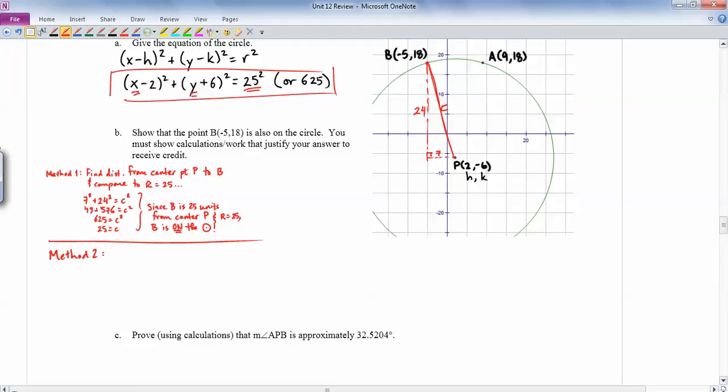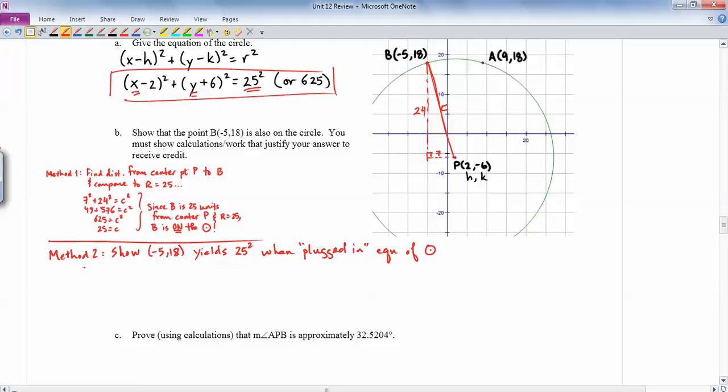So the second method would be show (-5, 18) yields 25 squared when plugged in, or substituted really, in the equation of the circle.